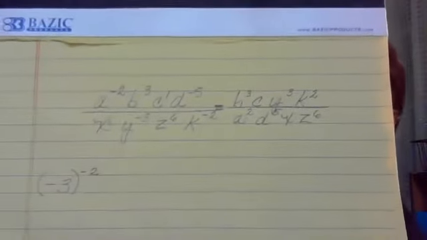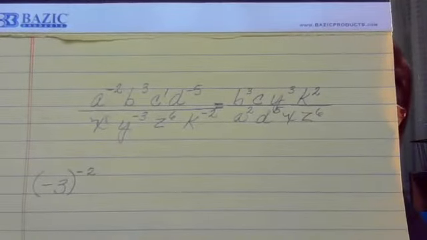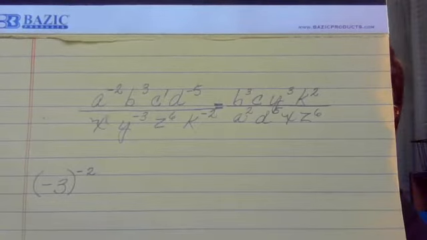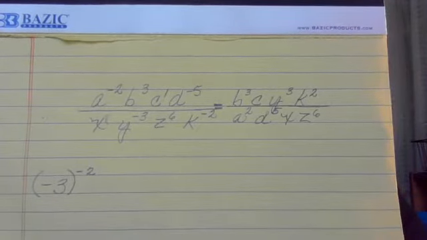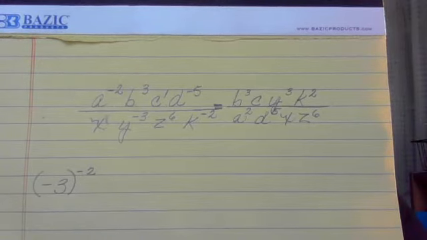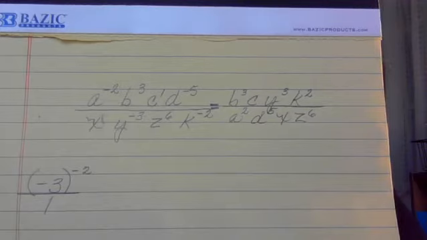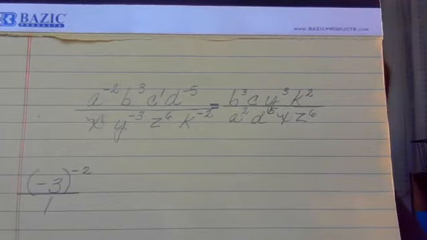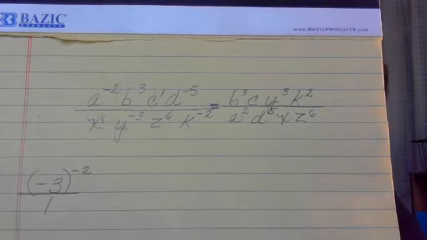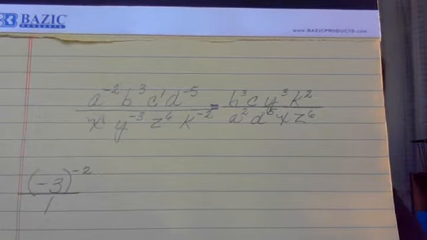The problem here is that there's not 2 stories in this apartment building. So if you find that you just have one number that you have to deal with, then you need 2 stories in your apartment building. Any number can be changed to a 2-story building or to a fraction by putting it over 1. So always remember, if you have a negative exponent to deal with, you need 2 stories in your apartment building.